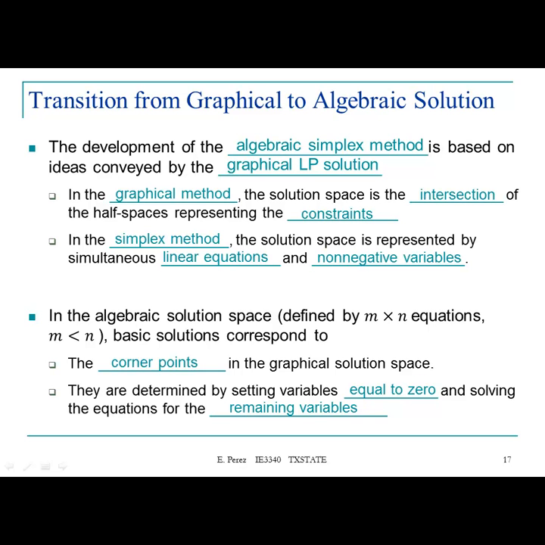But if that was not the case, then when you draw that line and move it, it's going to be the last point that touches the feasible region. But you always know that it's going to be an extreme point. So what we're saying here is, if we find these basic solutions, we are going to be finding the corner points of our feasible region.